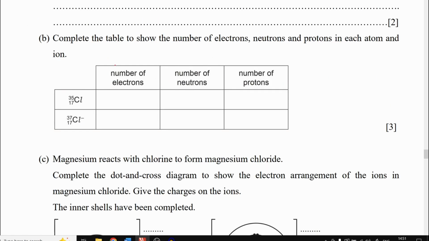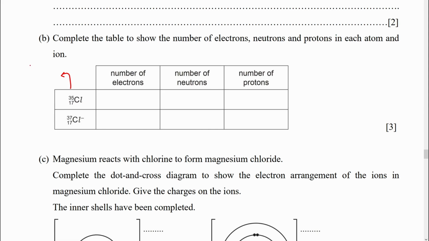Next, part B. Complete the table to show the number of electrons, neutrons, and protons in each atom and ion. Okay, so we have the 35-17 chlorine atom and the 37-17 chlorine ion, okay? So if you still remember, in an atom, the number of protons is equal to the number of electrons, right? So proton is 17 while electron is also 17 because this is the proton number or the atomic number, okay?